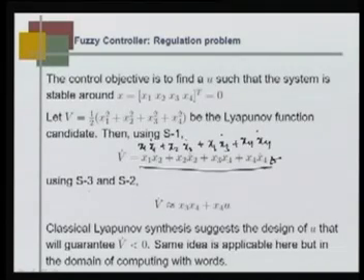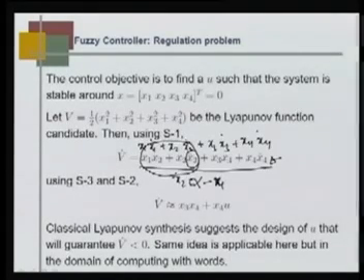Now, you see that we have already said x2 dot is proportional to minus x1. So, obviously qualitatively if I put x2 dot as minus x1, these two terms qualitatively cancel out, whereas only these two terms remain.